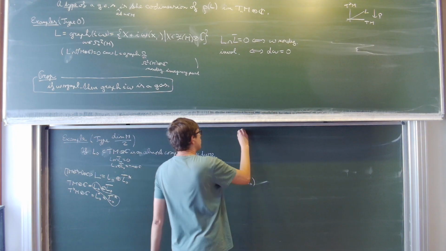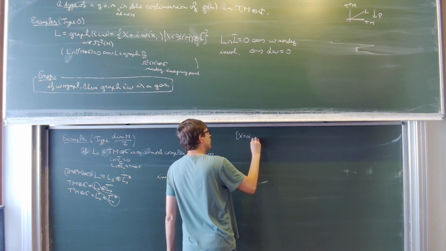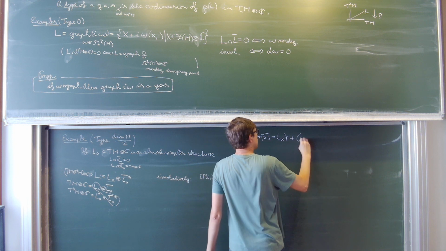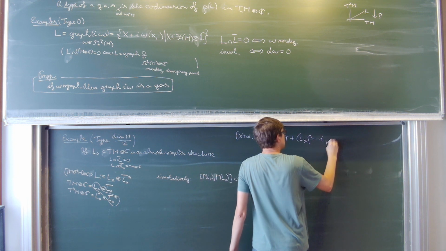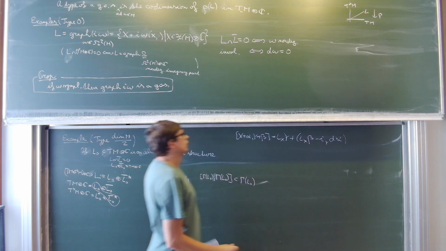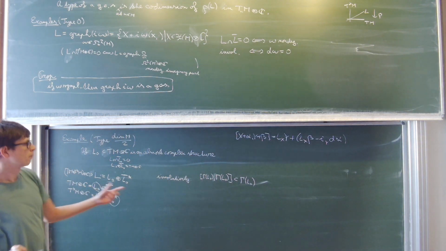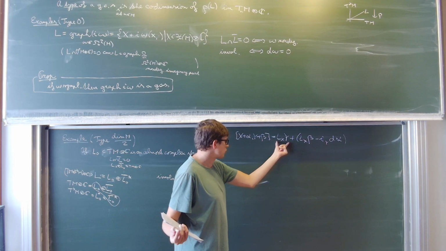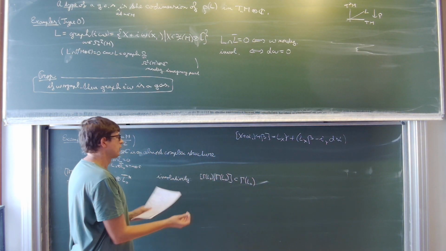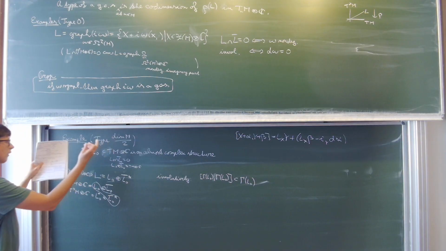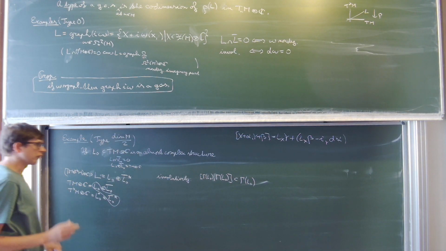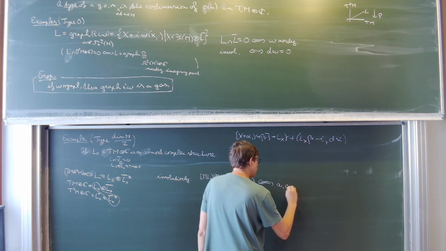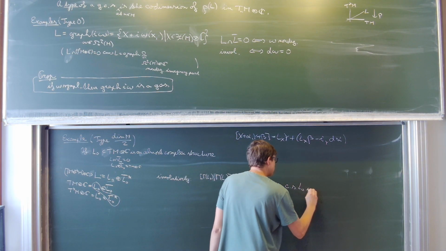Recall that applying the bracket to two vector fields is just the commutator of those two things. And that's precisely the condition that this is integrable. It's precisely the fact that the almost complex structure L0 is integrable.